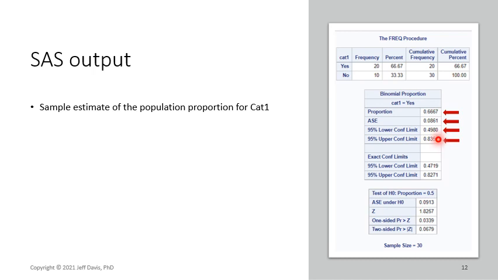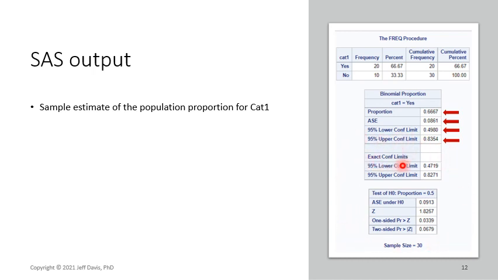But again, that's a really large interval, and it makes us a little suspect of what's going on here. You can take a look at some of this other information also.